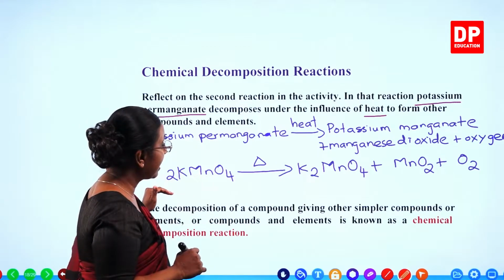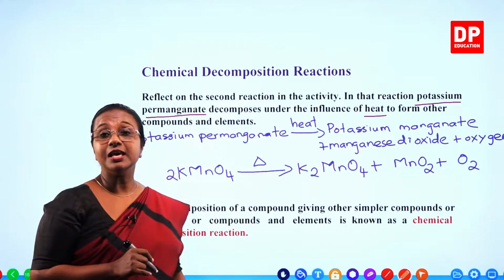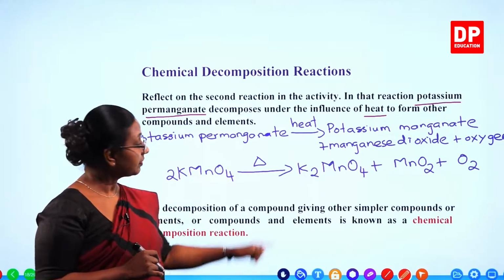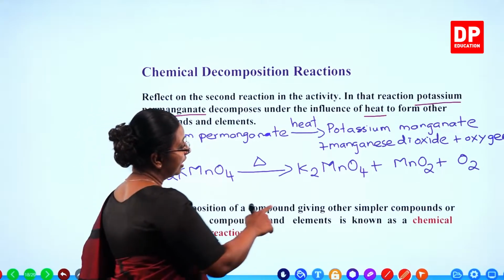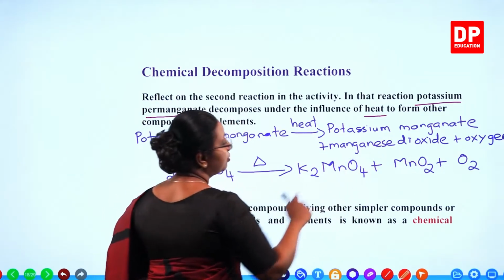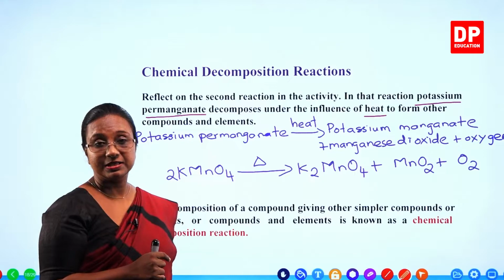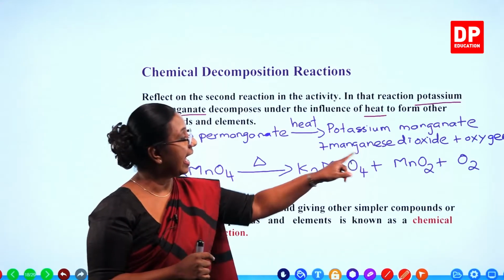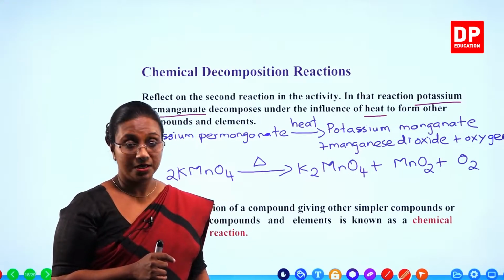So, one reactant gives rise to 3 products. And in the products, you can see here, students, these are compounds. And O2 is an element. Compounds and an element are produced.